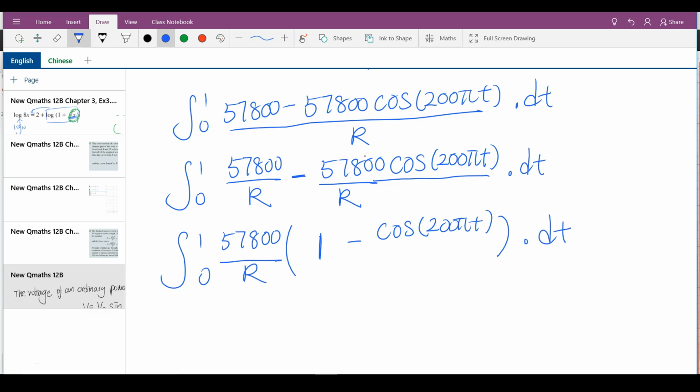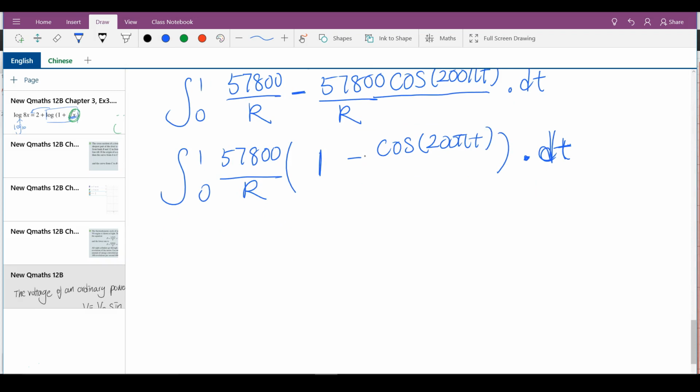Most of the time, this is what you need to do before you integrate. You're trying to take things out, trying to factorize, make it into a multiplication. Because the relationship here is a multiplication, we can take this bit outside of the integral sign.